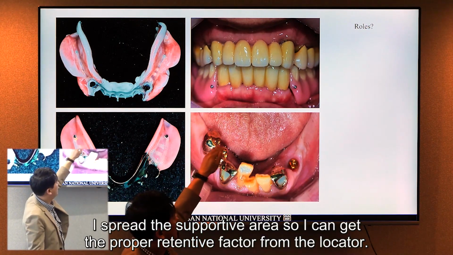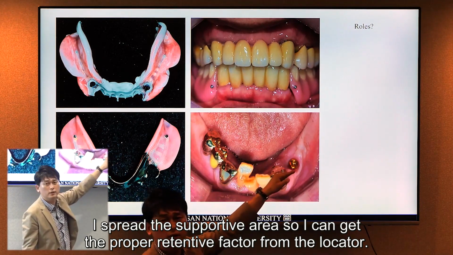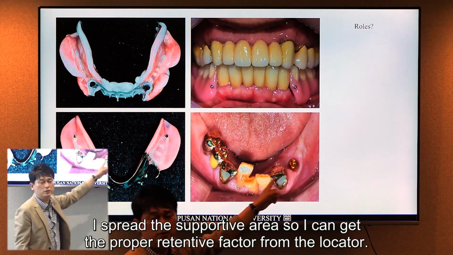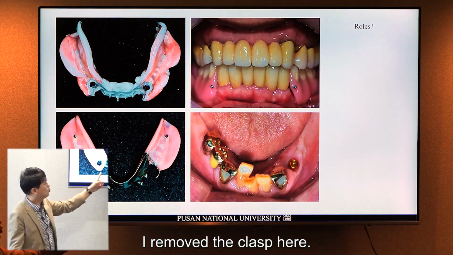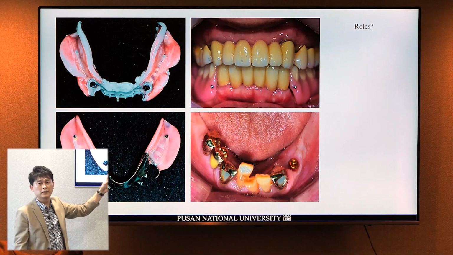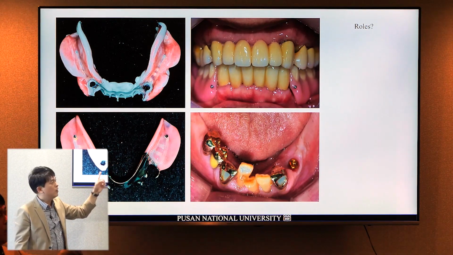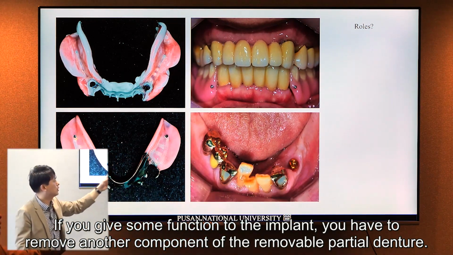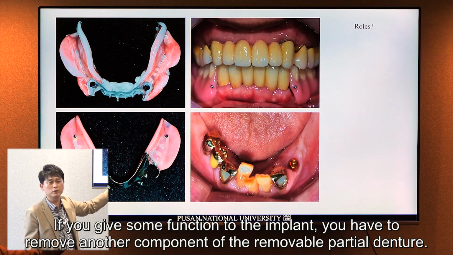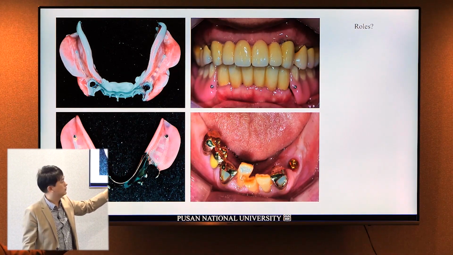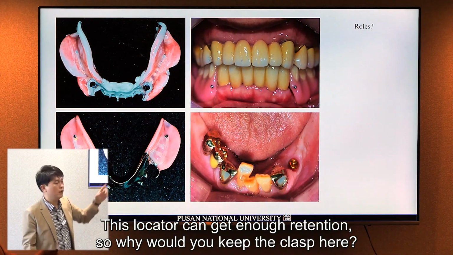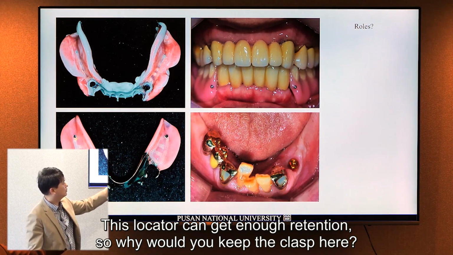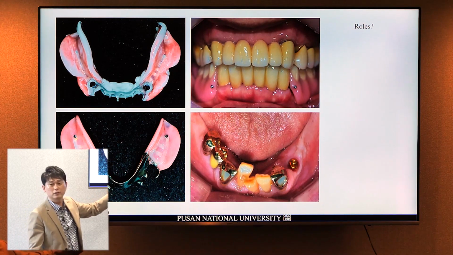So I spread the supportive area, and I can get proper retentive factors from the locator. So I removed the clasp here. Understand? If you give some function to the implant, you have to remove another component of the removable partial denture. This locator can get enough retention. Why would you make the clasp here? It's not necessary.